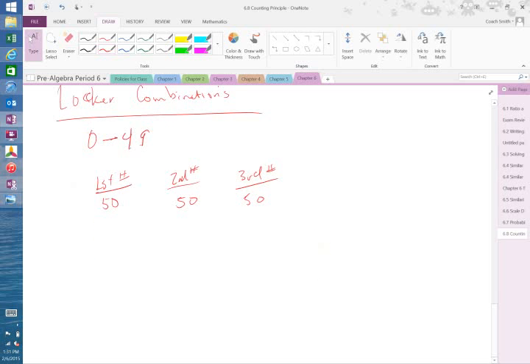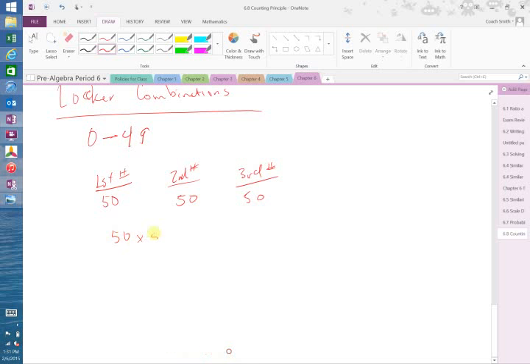All right, so to find out how many combination possibilities there are on your one locker, you would simply take 50 times 50 times 50. Because you have 3 numbers in your combination that you've been doing all year.